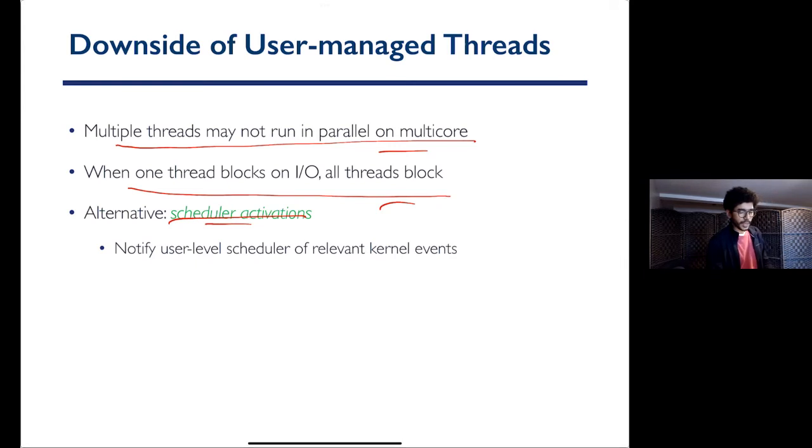This was proposed to support this M to N or N to M model. So M user threads mapped to M kernel threads.